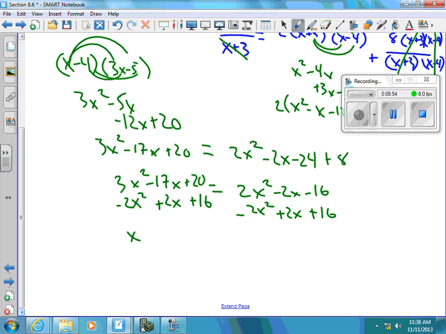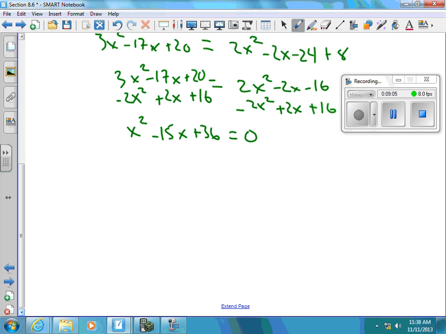I end up with x squared minus 15x plus 36 equals 0. So now I can use bottoms up. Say, okay, what multiplies to make 36? What adds to make negative 15? Well, the combination that does that is negative 12 times negative 3, negative 12 plus negative 3.